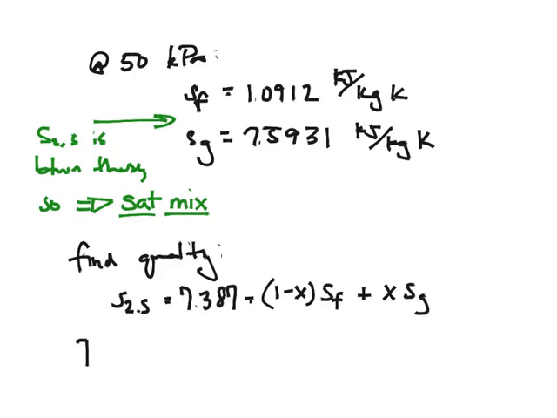So when I write those out, 7.387. And this is very similar to what we've done with other properties. This is how we find quality or how we find a mixture average for a saturated mix.